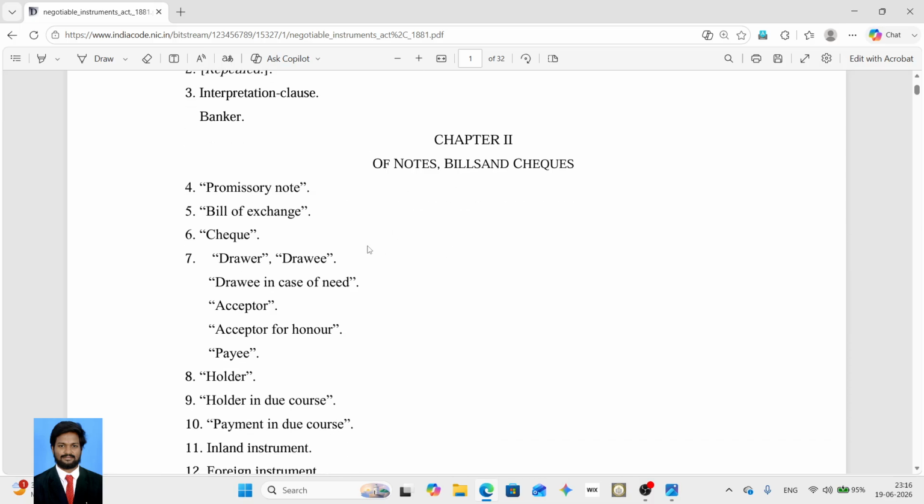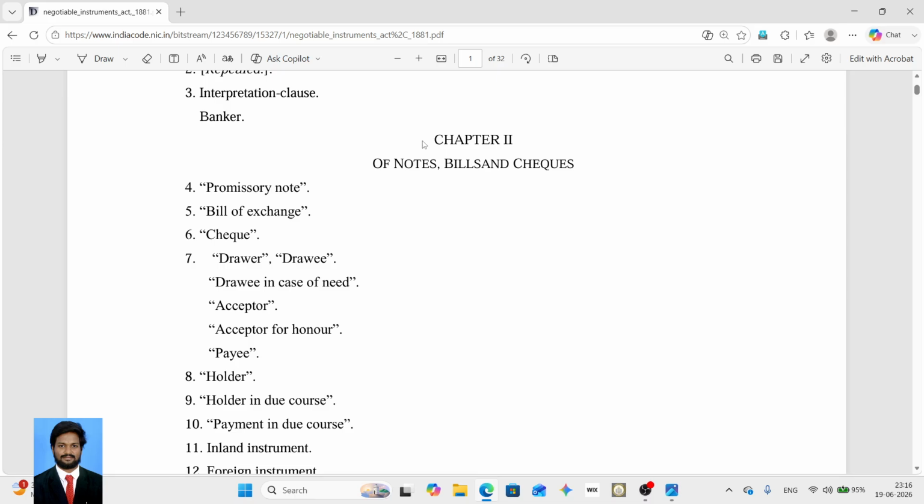We have to go through the index definitely to know what this act actually says about. Mostly All India Bar Council examination aspirants focus on the index to gain more marks.